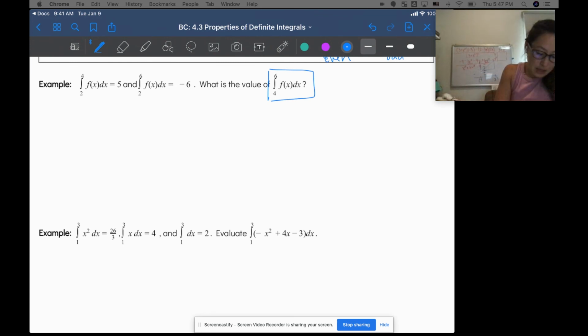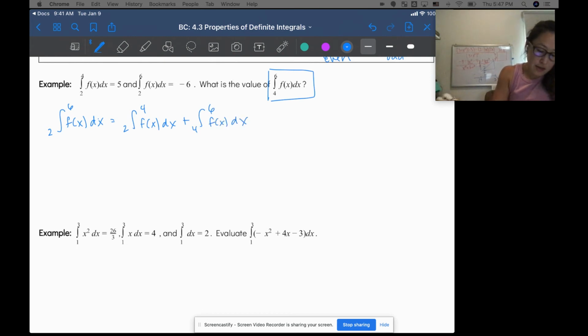So I know that the integral from 2 to 6 of f of x dx, so the area under the curve from 2 to 6, is equal to the area under the curve from 2 to 4 plus the area from 4 to 6.